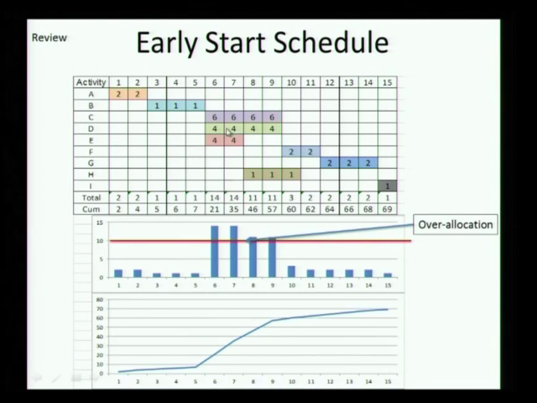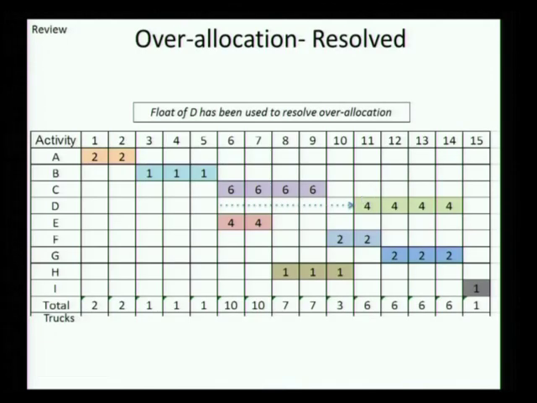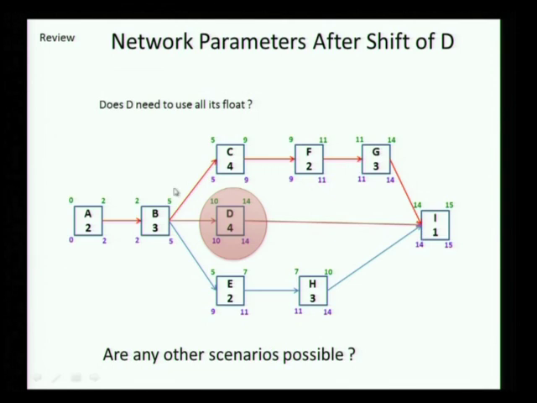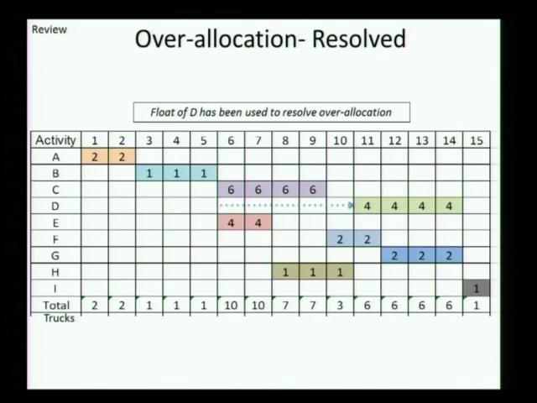So this 4 actually moved to the end, and that resolved the over allocation problem. Okay, so we had this come down to 10 and this went up to 6. Now the question is, what we did was actually move D all the way and we moved it to 14. That's what we did last time.